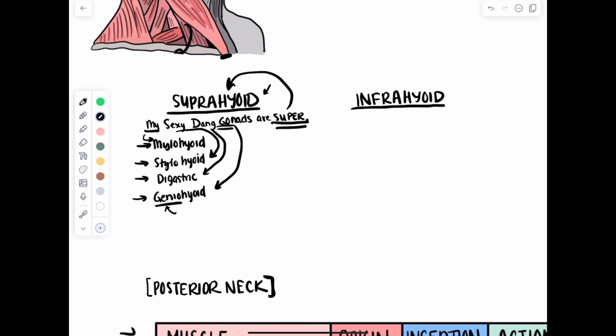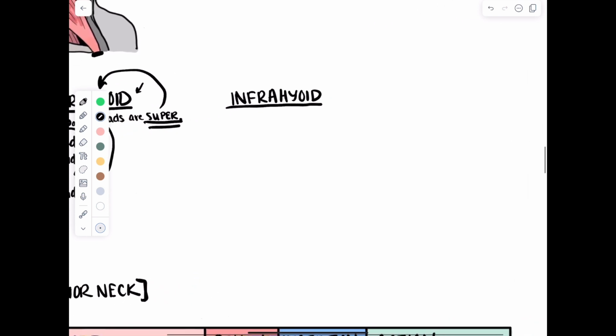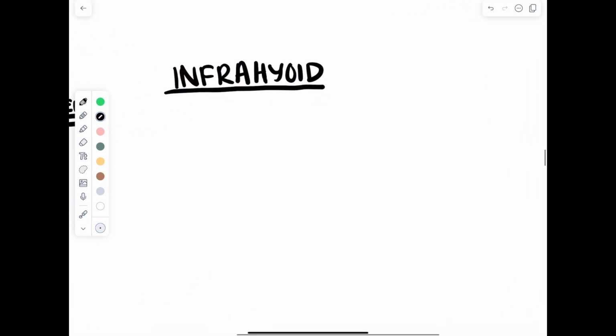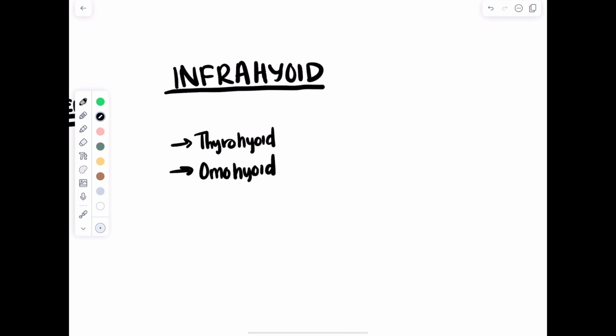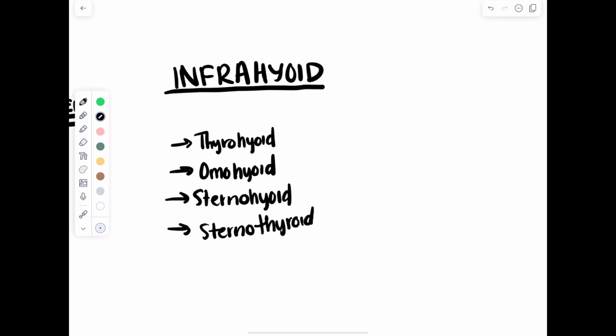Then we have our infrahyoid muscles. We have 4 of these that we need to know. These ones are below the hyoid bone, but because they're below it, a lot of them are attaching to that hyoid. So we have thyrohyoid, we have omohyoid, we have sterno, meaning sternohyoid, and we have sternothyroid, attaching from the sternum to the thyroid.